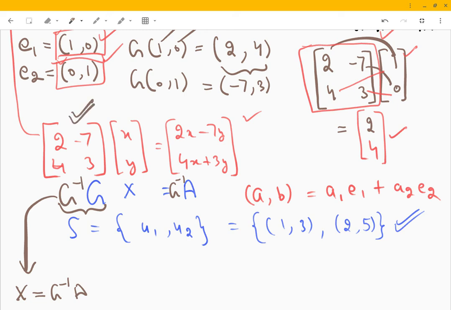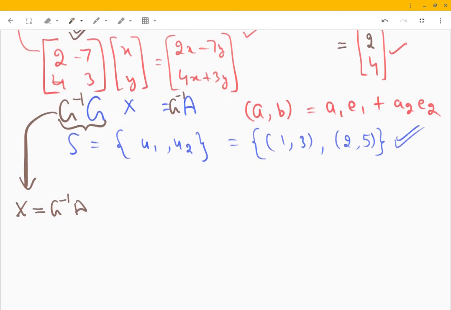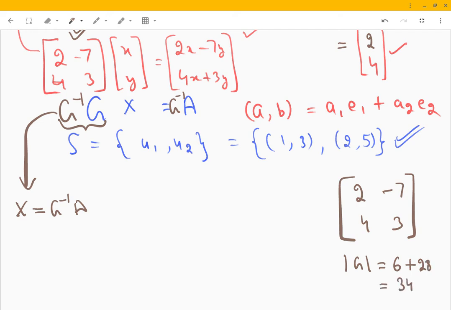So the inverse of this matrix, let us find out. It will be a good exercise. Since it is a 2 cross 2 matrix, it is easy to find the inverse. What is the determinant? The determinant of G is 3 2s are 6 and 7 4s are 28, 6 and 28 is 34. Yeah, 34 is the determinant.